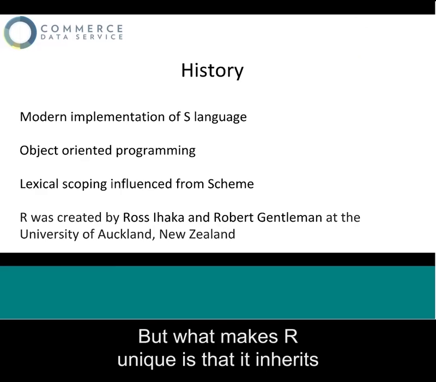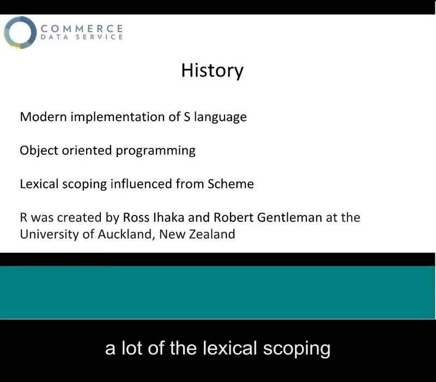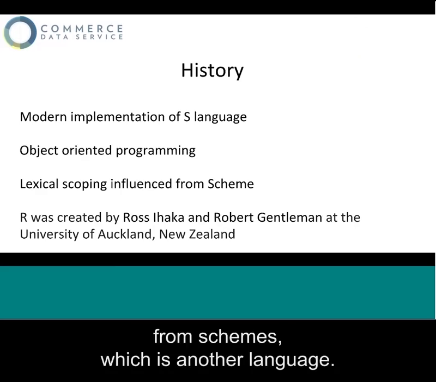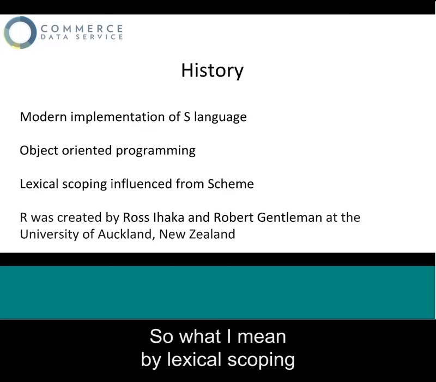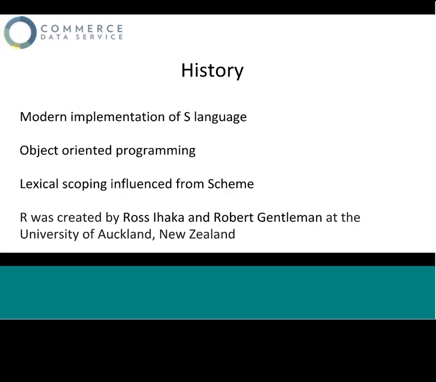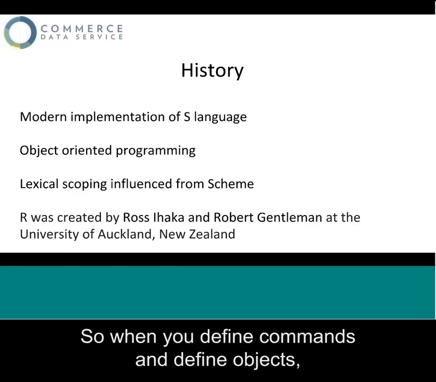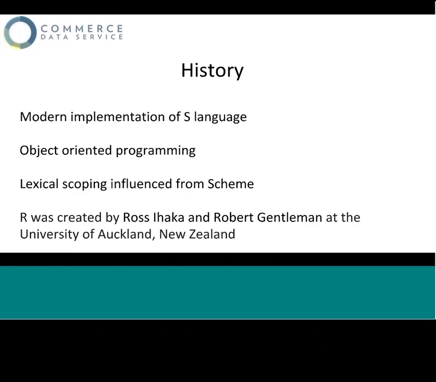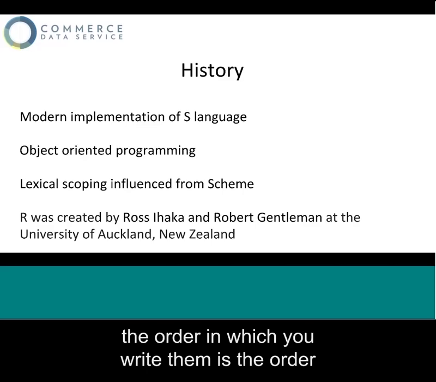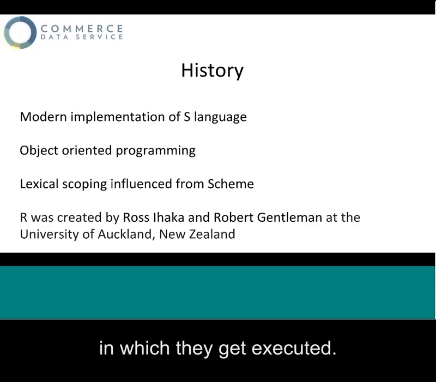But what makes R unique is that it inherits a lot of the lexical scoping from Scheme, which is another language. What I mean by lexical scoping is that variables are defined from your script. So when you define commands and objects, the order in which you write them is the order in which they get executed. So that's lexical scoping.